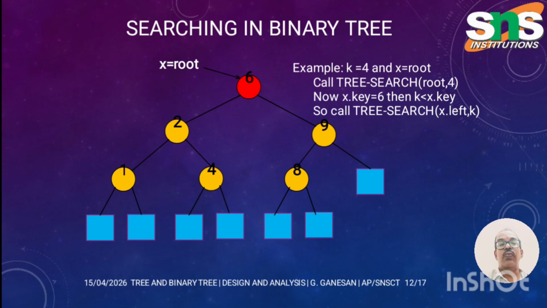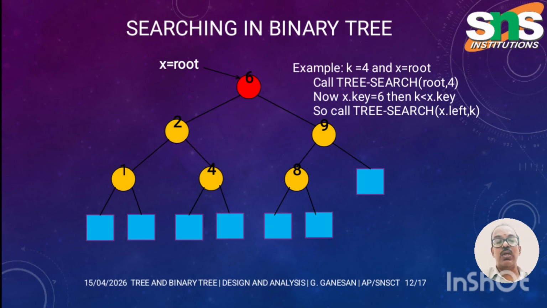Here there are a number of nodes: 6, 2, 1, 4, 8, 9. We want to find the element 4 in the tree. First we compare 4 with the root element 6. Our searching element 4 is smaller than the root element 6, so we go to the left side of the root.